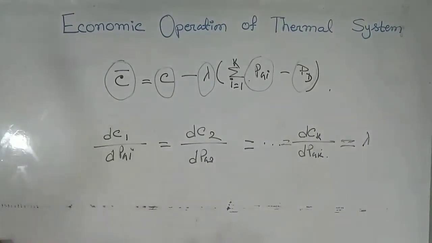So optimal loading of generators corresponds to the equal incremental cost point of all generators, called the coordination equation. The k equations are solved simultaneously with the load demand to yield a solution for the Lagrangian multiplier lambda and the optimal generation of the k generators.